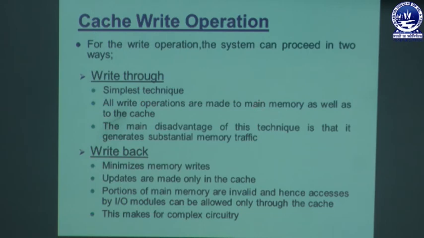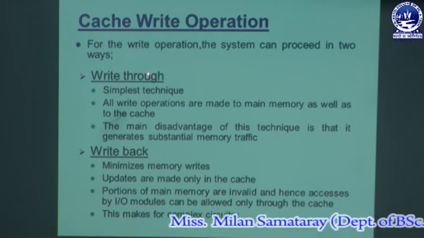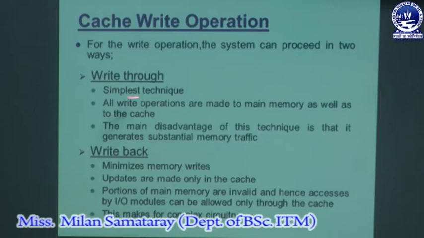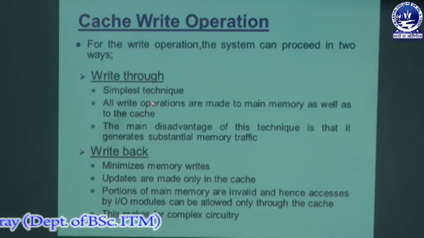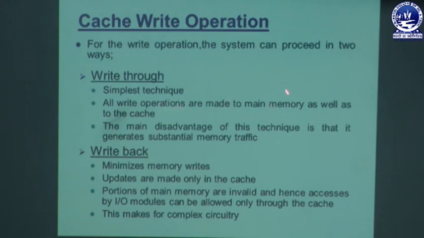Or you can say when the CPU wants to write something by using the write through protocol, it has to perform the write operation in both the main memory and the cache memory. That means two memories, the cache and main memory, have to be updated.